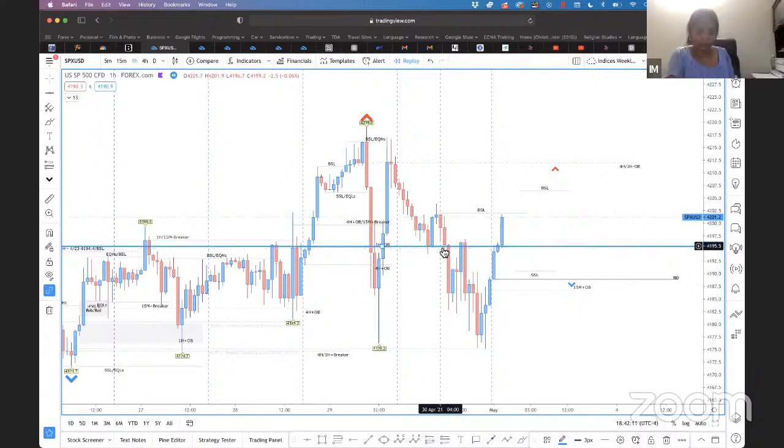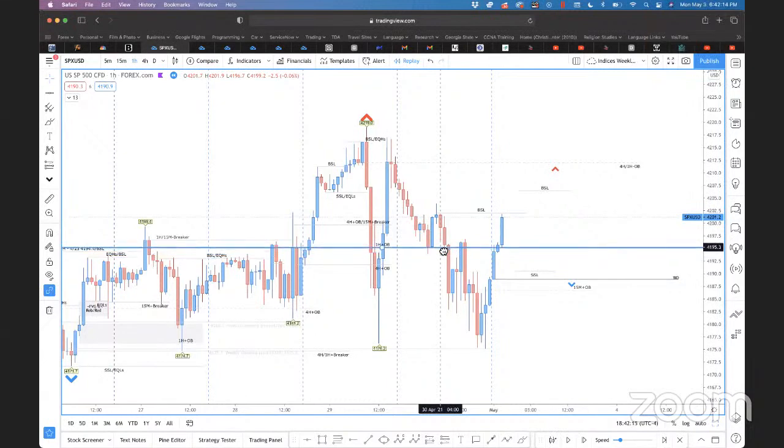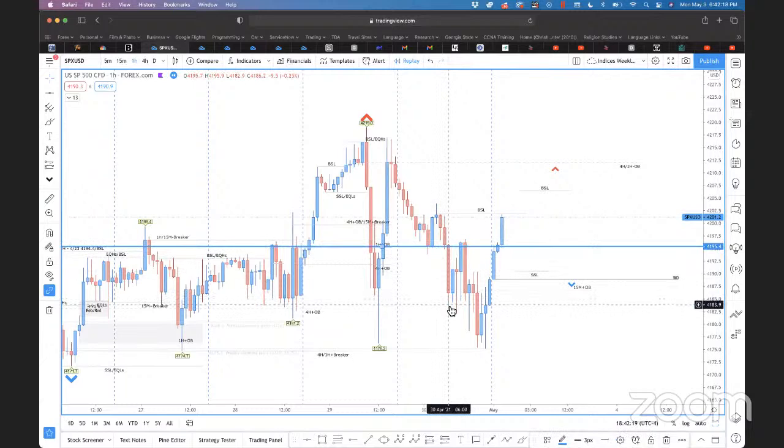Sell the break of 41.95, and for sure, from this area to the order block, you got 120 pips, and it did it.